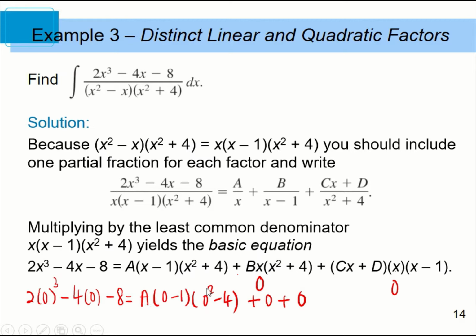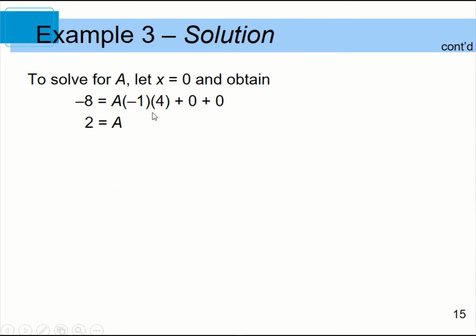And on the right-hand side here, we have A multiply negative 1 multiply negative 4. So from here we have negative 4A equals negative 8, and A is 2. This is how we solve for A.